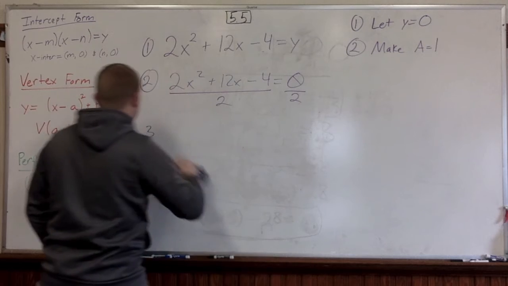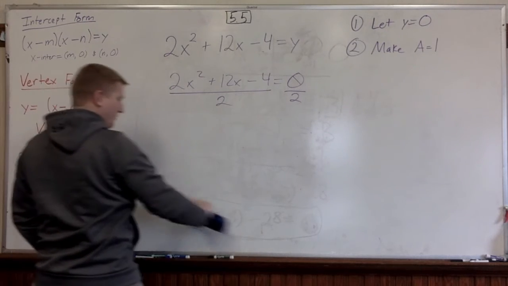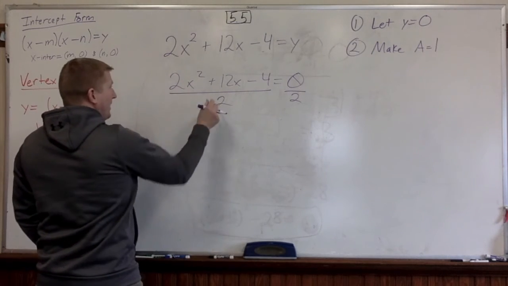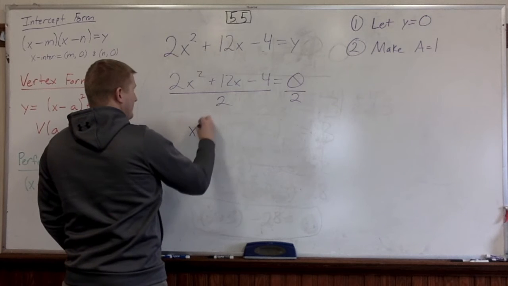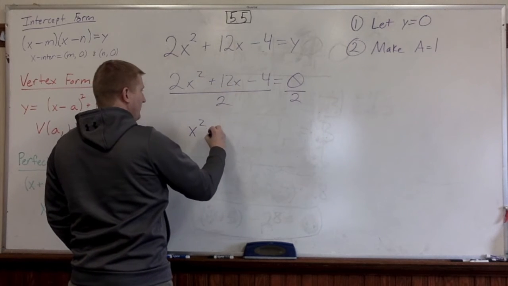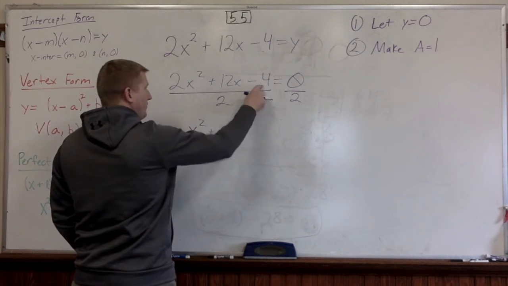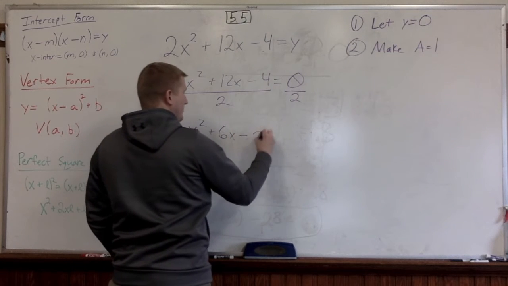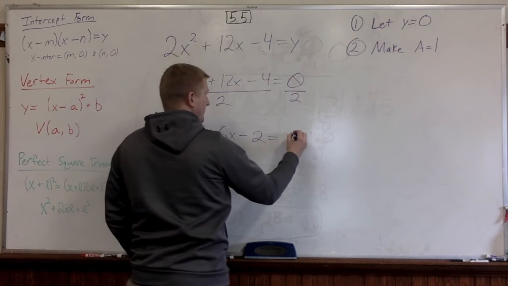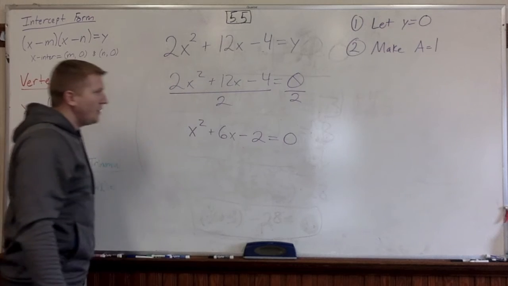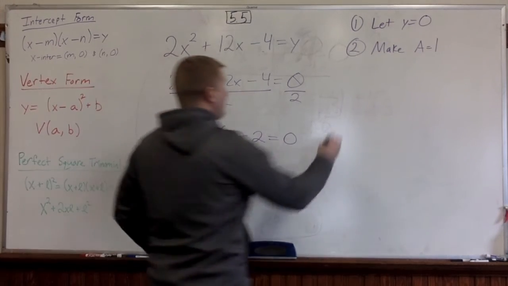Actually, I'm not going to number these steps over here because that might be confusing. All right, so 2 divided by 2 is just going to be 1. So we're going to get x squared. 12 divided by 2 is going to be 6. And then 4 divided by 2 is going to be 2. And then 0 divided by 2 is still 0. All right? Step 3.